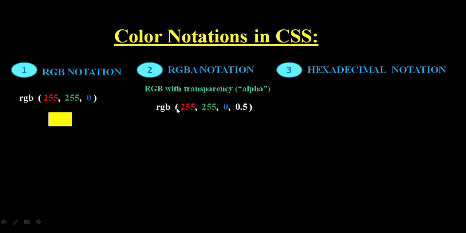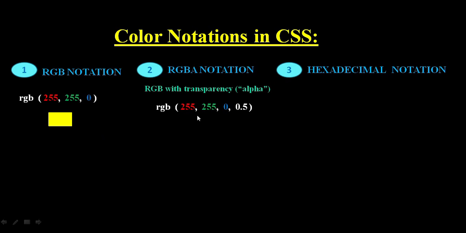The first parameter represents the red color intensity, the second parameter represents the green color intensity, the third parameter represents the blue color intensity, and the 4th parameter, which is new to this parenthesis, represents the transparency value of our color.